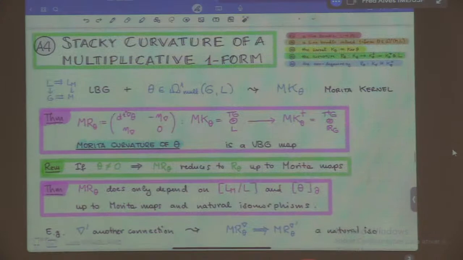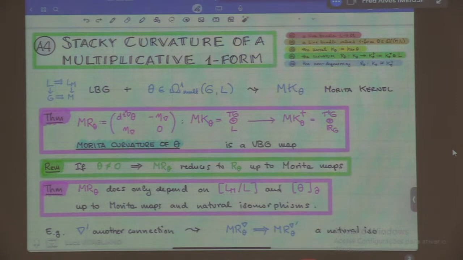It turns out that this is a good replacement of the curvature of theta, which we call the Morita curvature, because it turns out to be Morita invariant. I'll discuss this in a second. In order to convince you that this is a good definition for a static version of the curvature, notice that if theta is non-zero, then this Morita curvature actually boils down to the usual curvature, at least up to Morita equivalence.